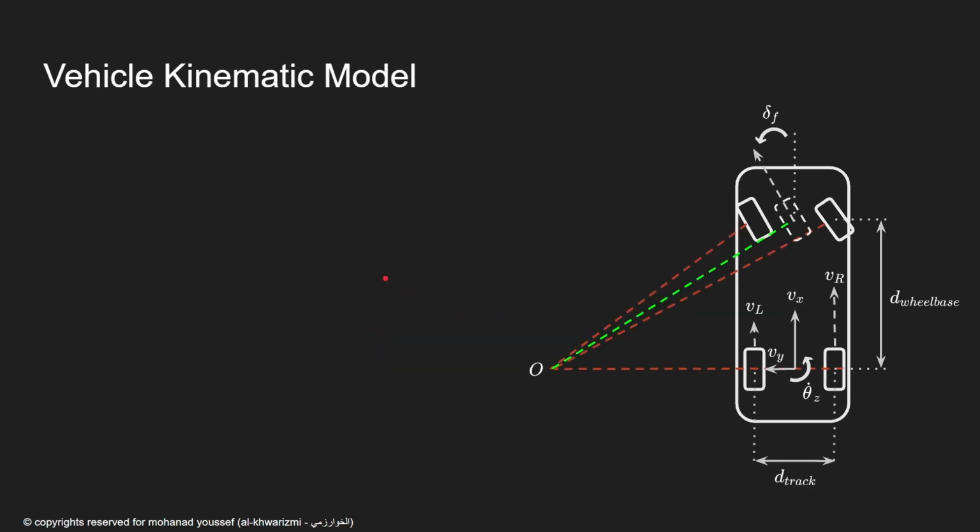Now the last thing in this video, let's talk a bit about the different kinematic models that can be used for the vehicle state estimate or the position estimate. On the right side here I made a schematic for the vehicle. Here we have the four wheels, here with the steering.